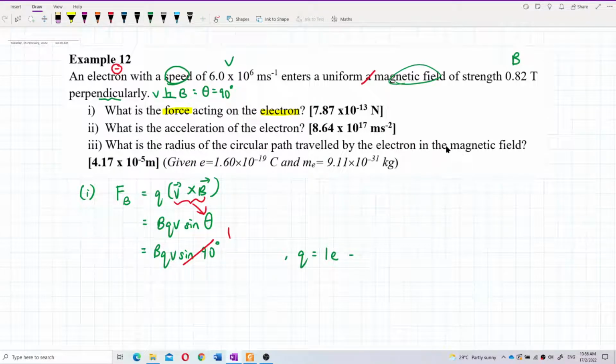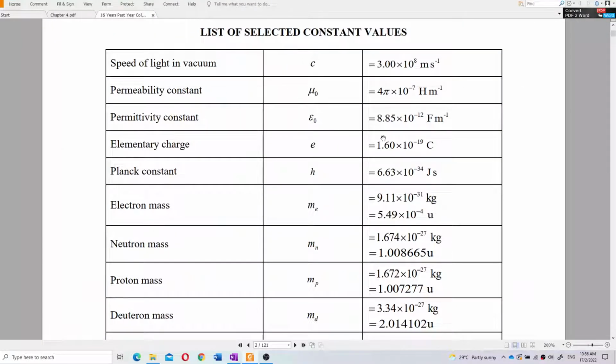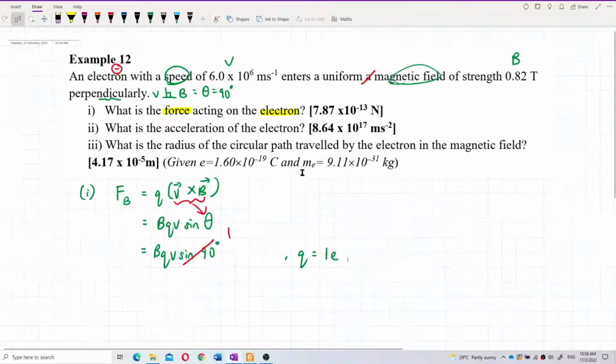If not given in a question, you can find this value in the list of constants.